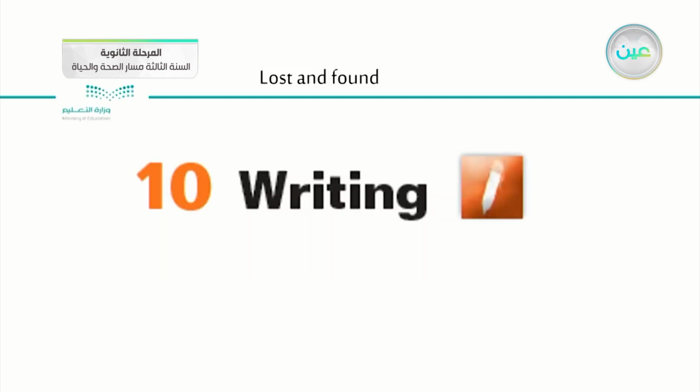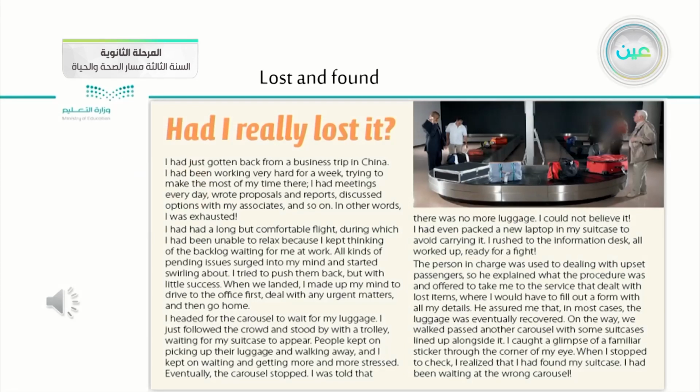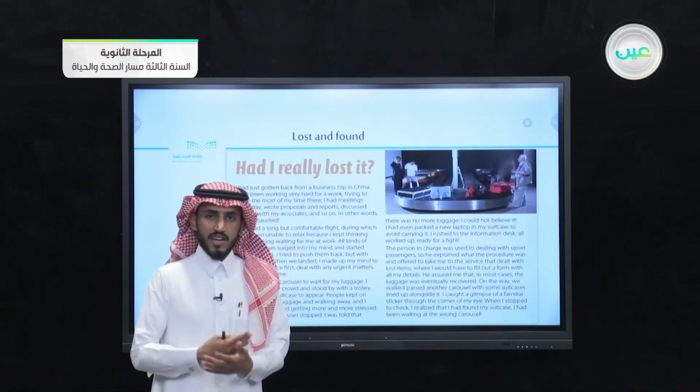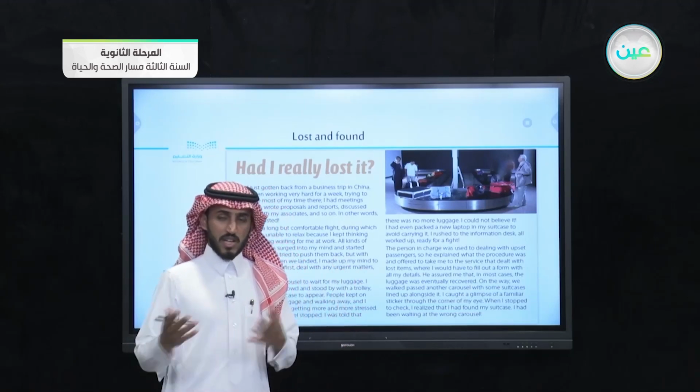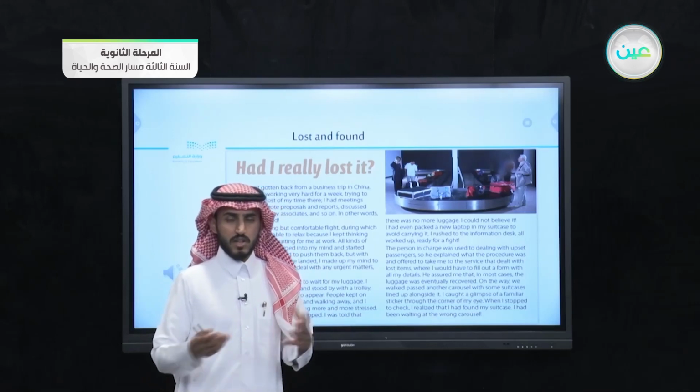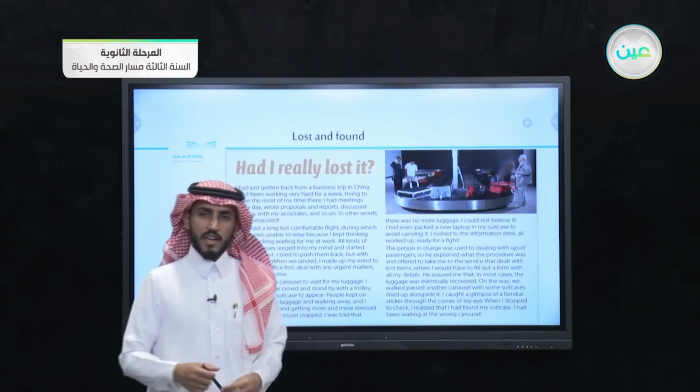In the previous lesson, which is lesson 10, writing, we focused on learning how to write an informational essay or narrative essay, after reading one of the essays about a story of someone who lost his luggage, then at the end he found it.